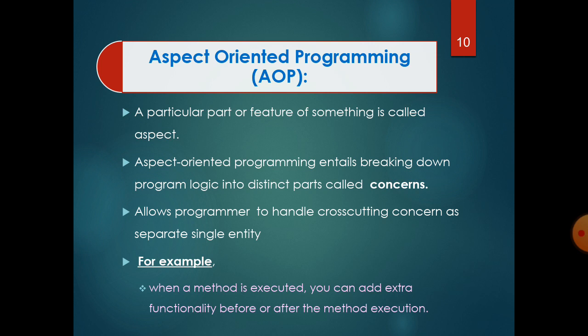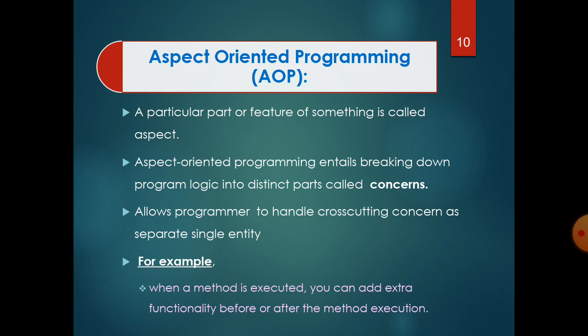Aspects do not have a constructor or a finalizer, and they cannot be created with a new operator. Aspects can also access private members of other types, which we have not seen in the object oriented approach.